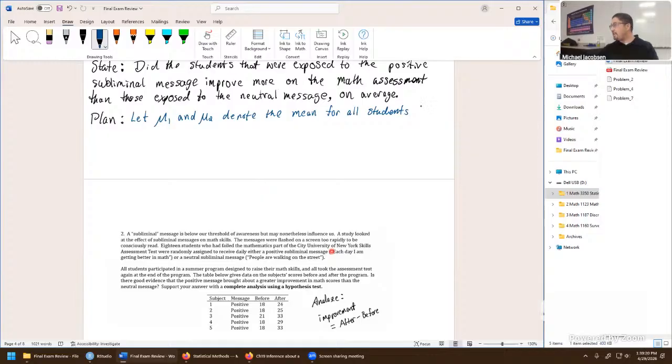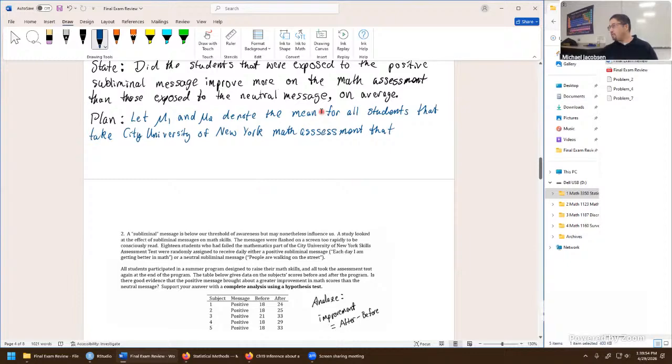So I'll say for all students that take the City University of New York, and I'll just say math assessment to abbreviate the rest. Okay, so that's the population.